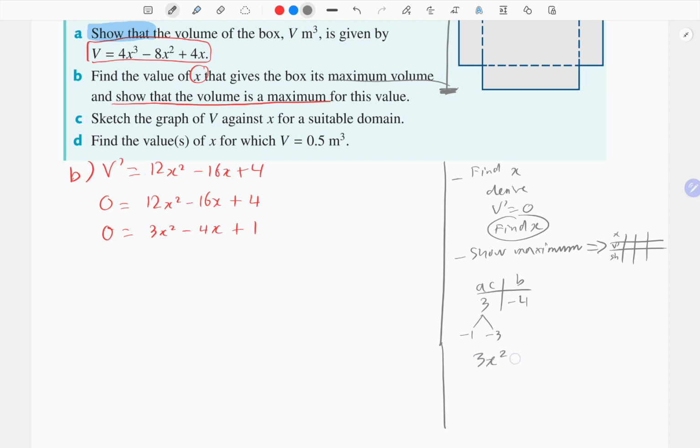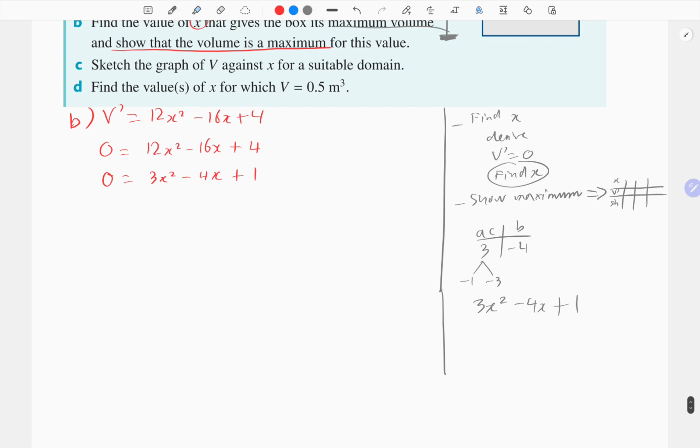When can we just get to the bracket straight away? Here you have to do the funky thing. Yes, you have to split the middle because this is a non-monic quadratic. The x squared is not just 1, there are 3x squared. If it's a non-monic quadratic, you have to split the middle term.